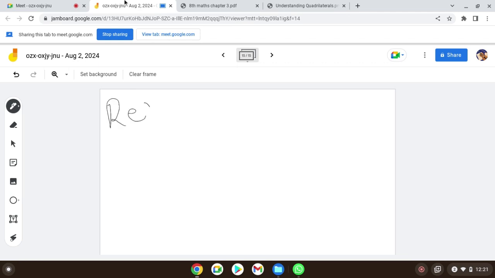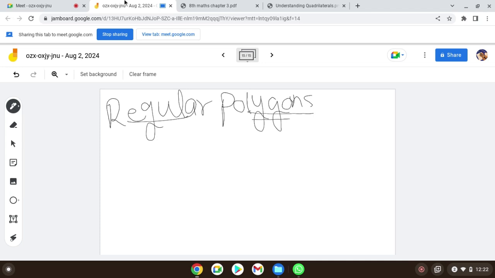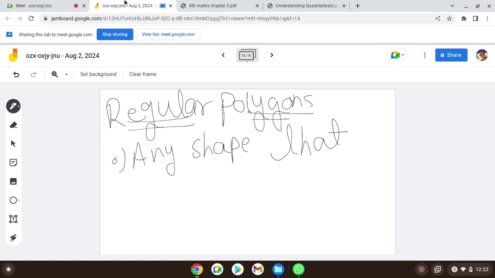Regular polygons means any diagram, any shape. Repeat after me, any shape that has the same angles.